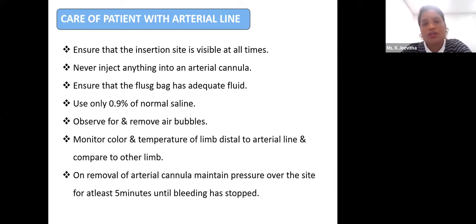You need to do the zeroing and check whether the blood pressure is coming properly. Everything you have to look after. But one important thing, please do not administer any medication through the arterial line. And whenever you remove the line, because the arterial pressure and blood flow will be more compared to the vein, you have to apply pressure in order to prevent bleeding.